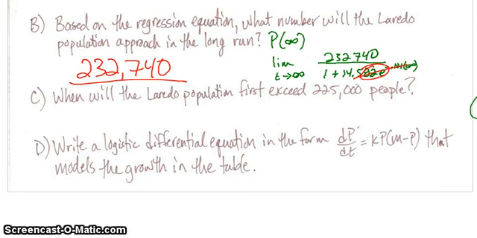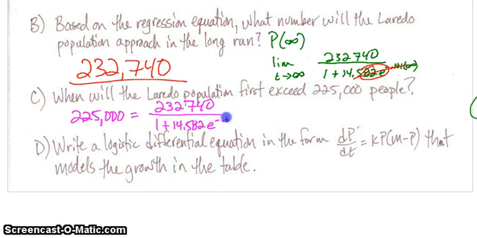All right. Then part C says, when will the Laredo population first exceed 225,000 people? So we're going to set up our equation to show that 225 is the population in which we are interested, with our 232,740 over 1 plus 14.582 e to the negative 0.101 t, and we want to solve for t.